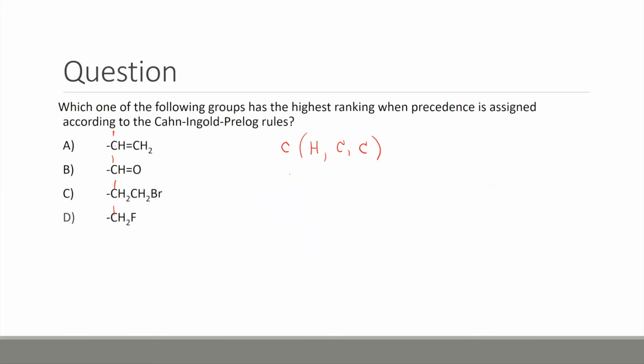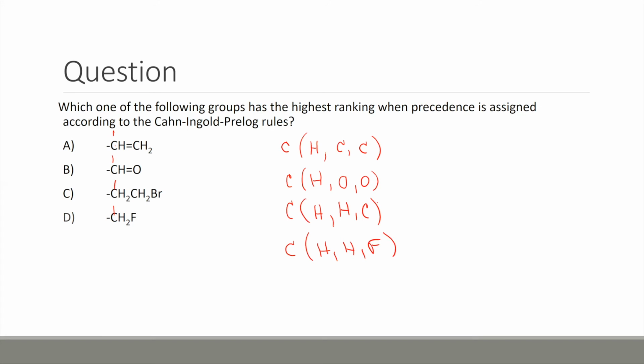This next carbon is attached to a hydrogen, and it has a double bond to an oxygen, so it would look like this. This next carbon is attached to 2 hydrogens and a carbon. And our last carbon is attached to 2 hydrogens and a fluorine. So you can see some of the contenders.